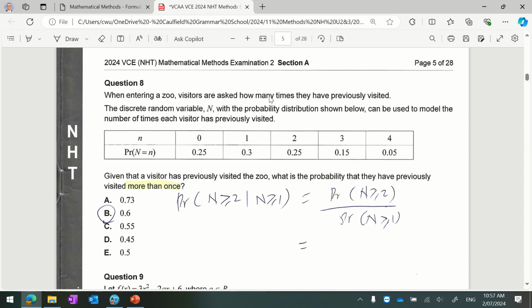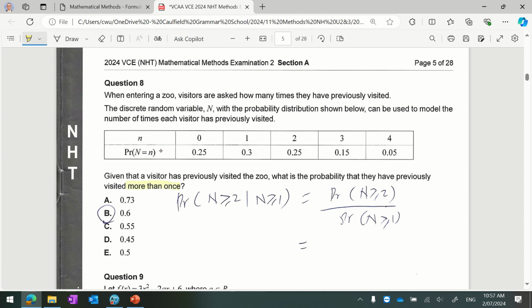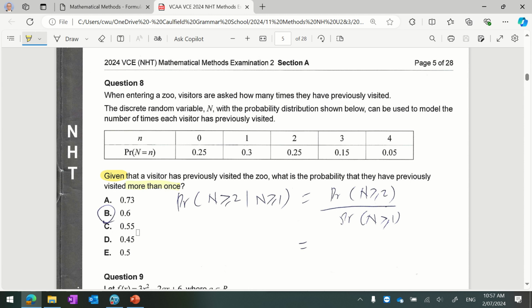Okay, question B, discrete probability. Basically, here's the table, and it's a conditional probability question. It's given. I should have highlighted this. Let me actually do that, because it's always a good idea. Highlight the word given, because it means it's a conditional probability.